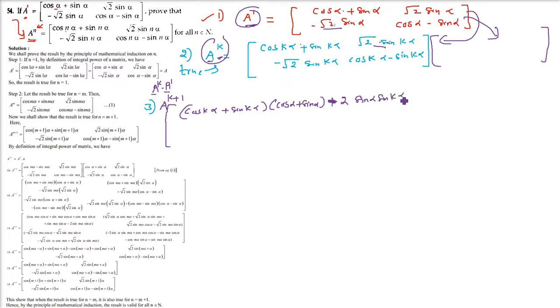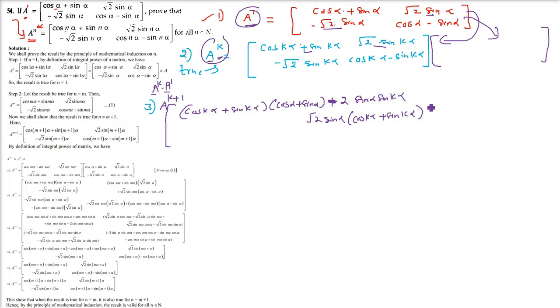Now the second one I am writing just below it because there is not enough space. Now the first row with the second column. I am multiplying cos k alpha plus sin k alpha with root 2 sin alpha. So root 2 sin alpha into cos k alpha plus sin k alpha. You can always use k as m also.